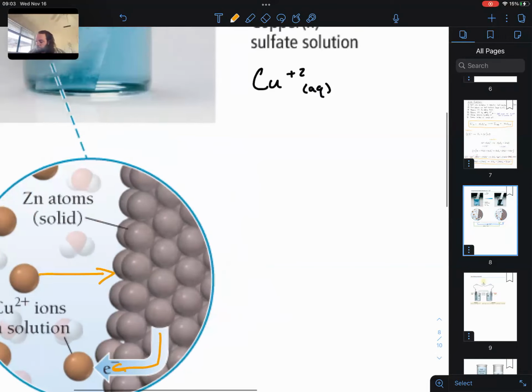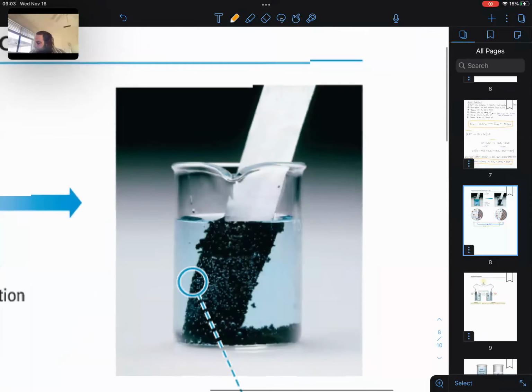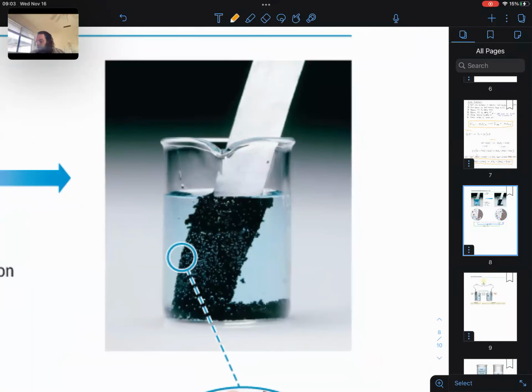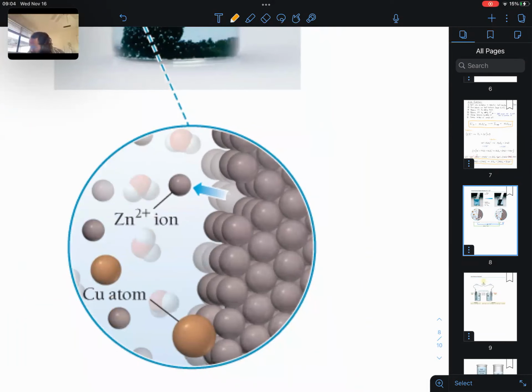So what you would see if you dipped this zinc strip into this solution of copper sulfate is you'd actually see a bunch of copper starting to form on the outside of that zinc strip, right? Because again, we have those copper atoms accepting those electrons, okay? The zinc is becoming an ion and floating around in solution. But all these little crusties that you see forming here, these are our solid copper atoms that are forming.